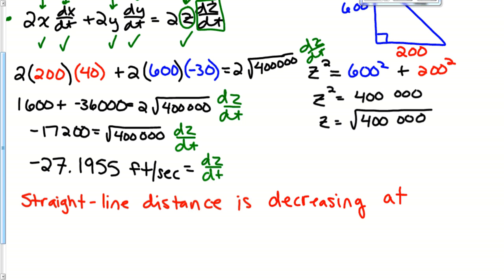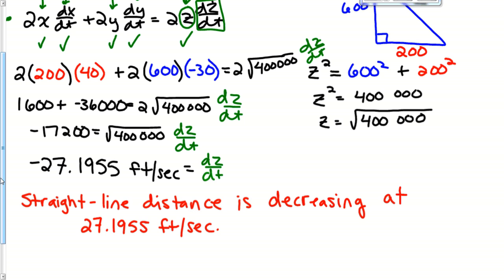Here's my rate. If I put in a negative 27 right now, then I say the straight line distance is decreasing at negative 27.1955 feet per second. And if something is decreasing at a negative rate, that really means it's increasing. So I need to say the straight line distance is decreasing at 27.1955 feet per second.